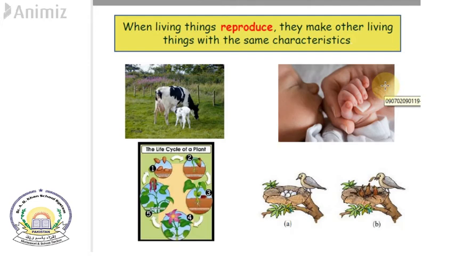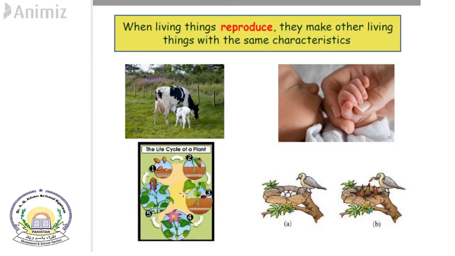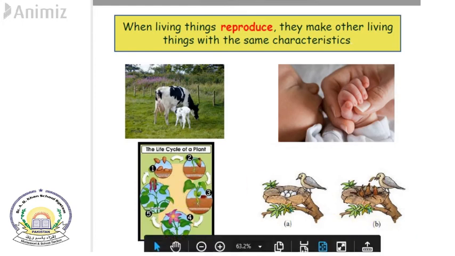Similarly, a cow cannot swim because it has the characteristics of a cow. And a plant cannot become a bird or a human being. So when living things reproduce, they make other living things with the same characteristics.